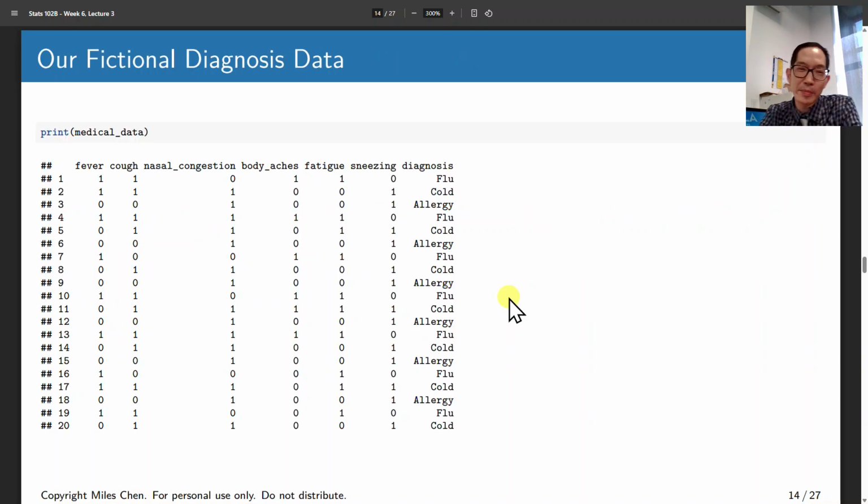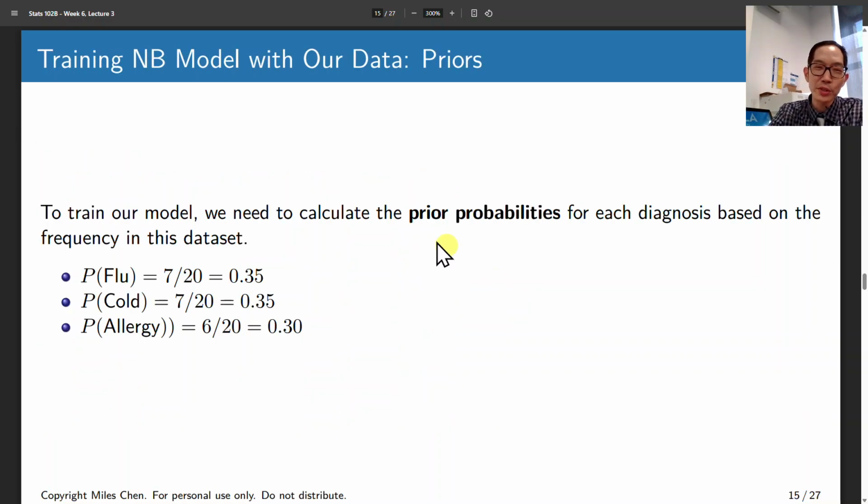Okay, so we'll do the full thing. We'll calculate our prior probabilities. We'll do our likelihoods, and then we'll get our marginals and posteriors. For prior probabilities, in our training data we have 20 patients. Flu appeared 7 times, so we'll assume a 35% chance of flu.